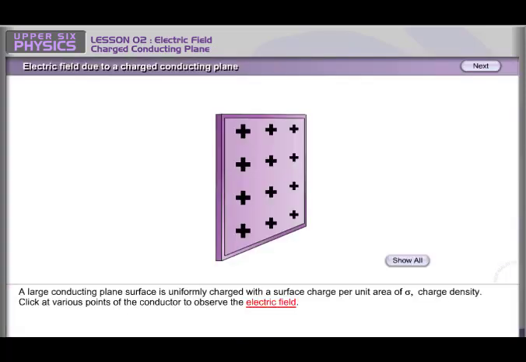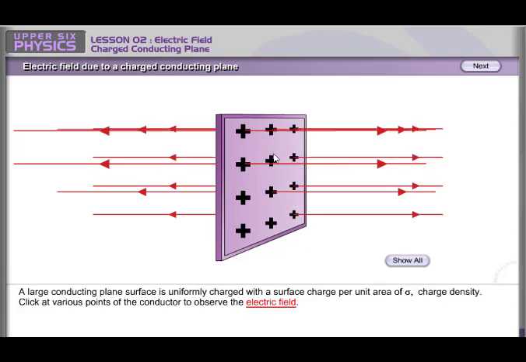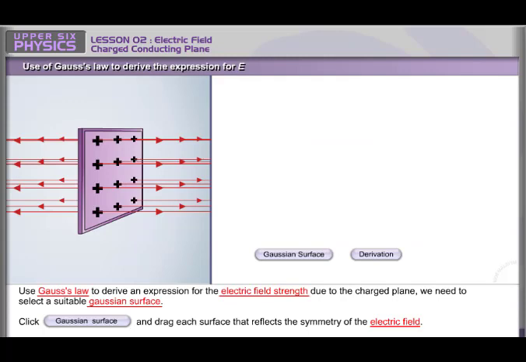A large conducting plane surface is uniformly charged with a surface charge per unit area sigma, the charge density. Click at various points of the conductor to observe the electric field. Use Gauss's law to derive an expression for the electric field strength due to the charged plane.